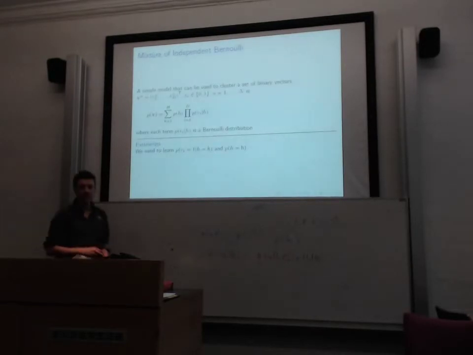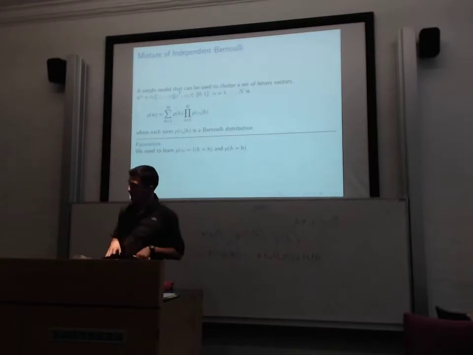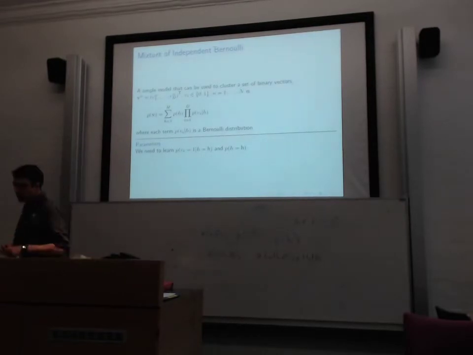Now I want to look at a specific model. This is one that you can use to do customer clustering. We're going to use this in a minute to do clustering of supermarket data.